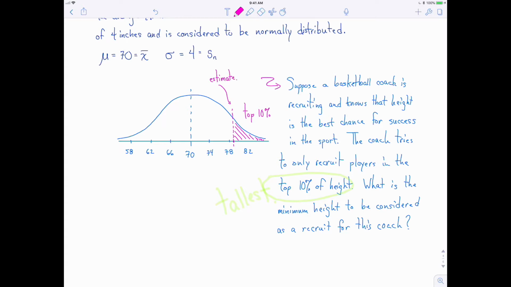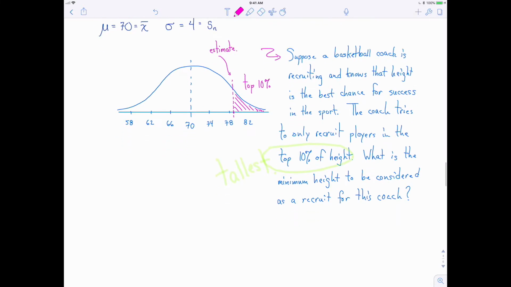Now, let's recall this. Our z-score is found by z of x equals x minus the mean, divided by our standard deviation. Now, in this problem, what we don't know is x.